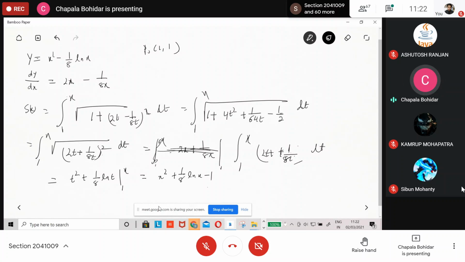After getting this result, if the value of x is given as 3 or whatever, you can find the value s of 3. Let it be s of 3. What do you get? It is 3 square plus 1 by 8 ln 3 minus 1. Like this. So now come to the exercise problem.